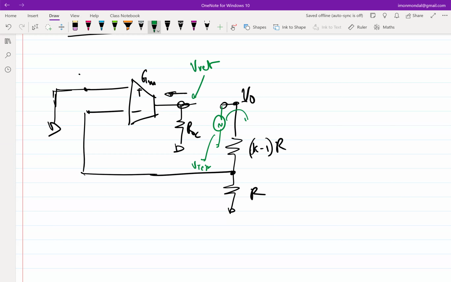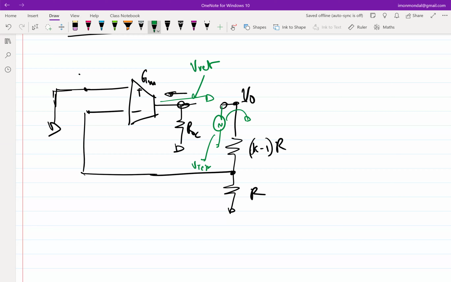If you are drawing current from the signal source, then you know that there is a loading effect, because that current in the presence of the total loop would have been provided by this block, right? But now because you have broken the loop, that block is not able to provide that current. So essentially you are hampering the operation of the loop by breaking it at an inappropriate place. Now again, just for the sake of completeness, this is not necessarily a problem if you can handle the loading.